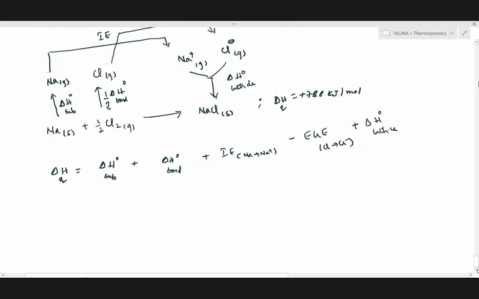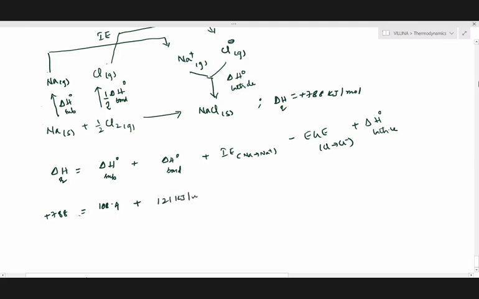Coming to the delta H of sublimation, it will be 108.4 kilojoules. Bond dissociation enthalpy will be 121 kilojoules per mole.